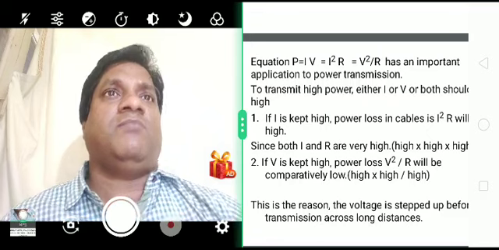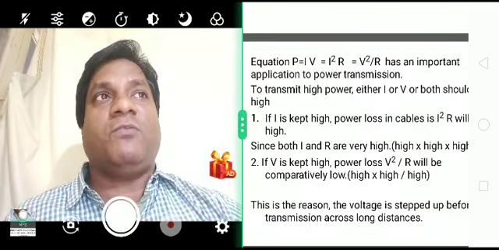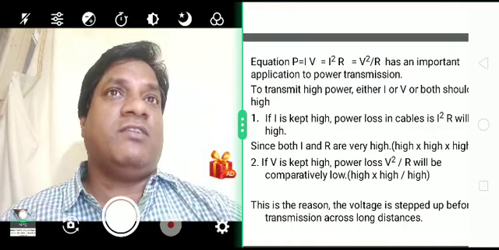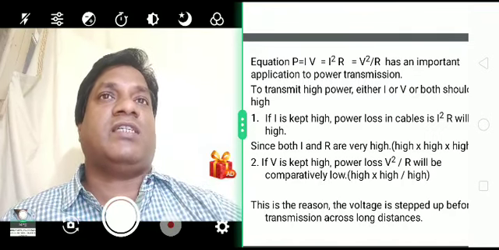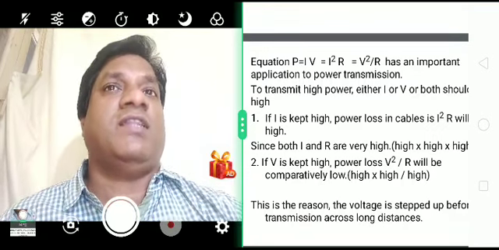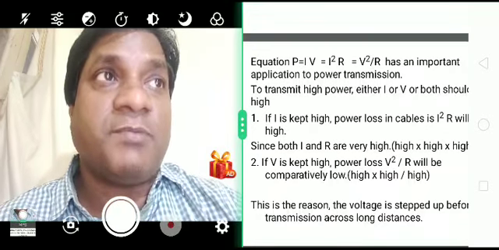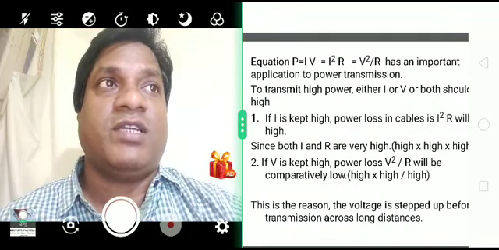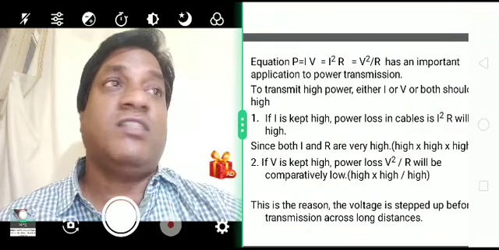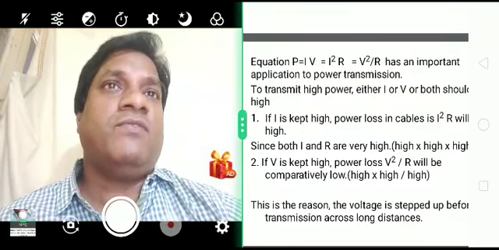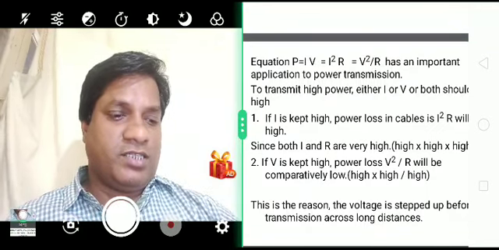It gives a moderate value. So as compared to transmission at high current, the power loss at high voltage will be very less. This is the reason why the voltage is stepped up to a very high voltage, typically in the range of 33 kilovolt or 132 kilovolt, before transmission along long distances.